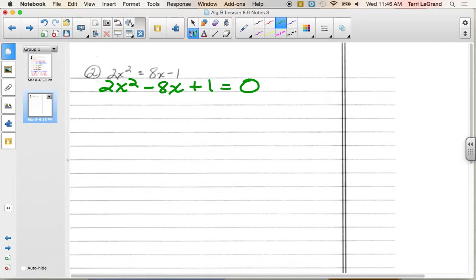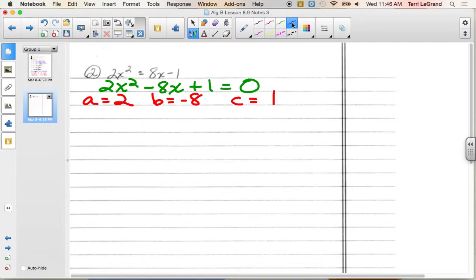Levi, what are my A, B, and C? 2, negative 8, 1. Okay, A equals 2, B equals negative 8, C equals 1. We're writing all the stuff down. Everything, standard form, what does it look like? What's our A, our B, and our C?